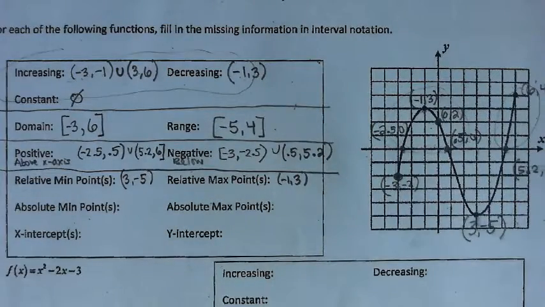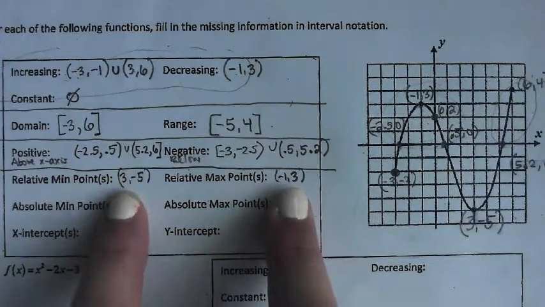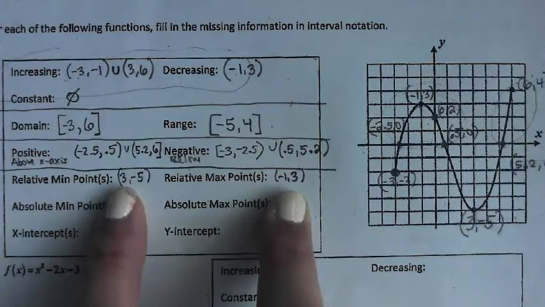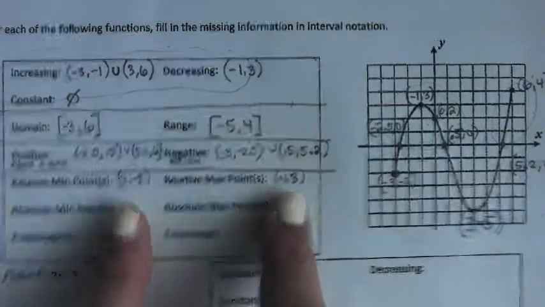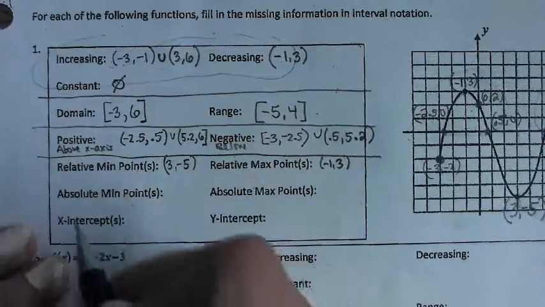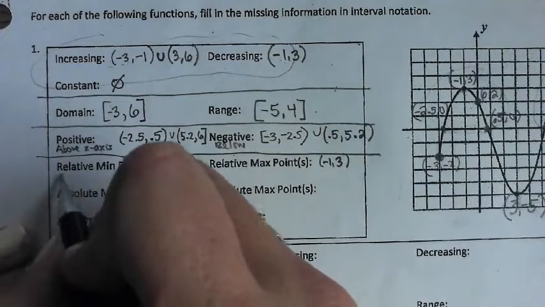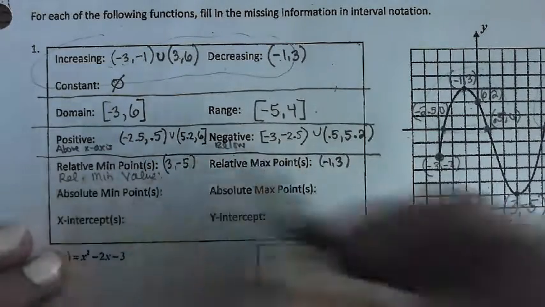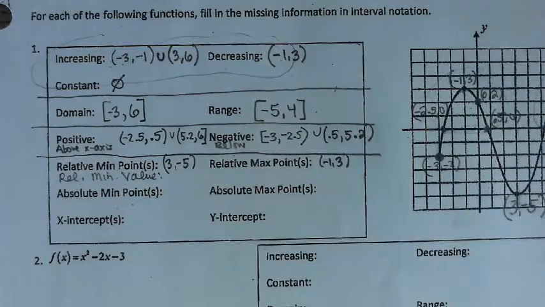Now, a couple things. These parentheses that I just used are because it's a point. This is not interval notation, right? I'm just listing a point. You have to understand the context. So that's the first thing I'll say. I will also add in here, and I want you to do this, a relative minimum value. If they ask for a point, you give the coordinates.